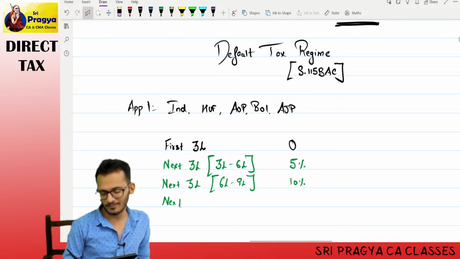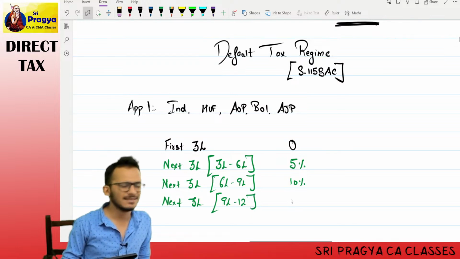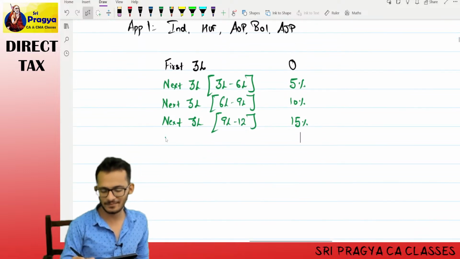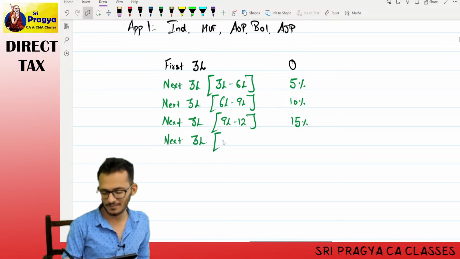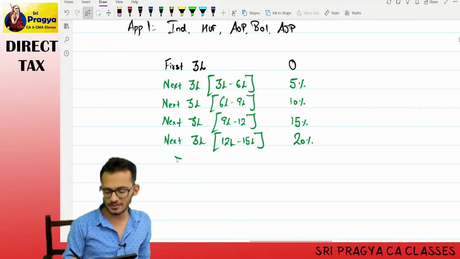Next 3 lakhs. Then after 15 they stopped.